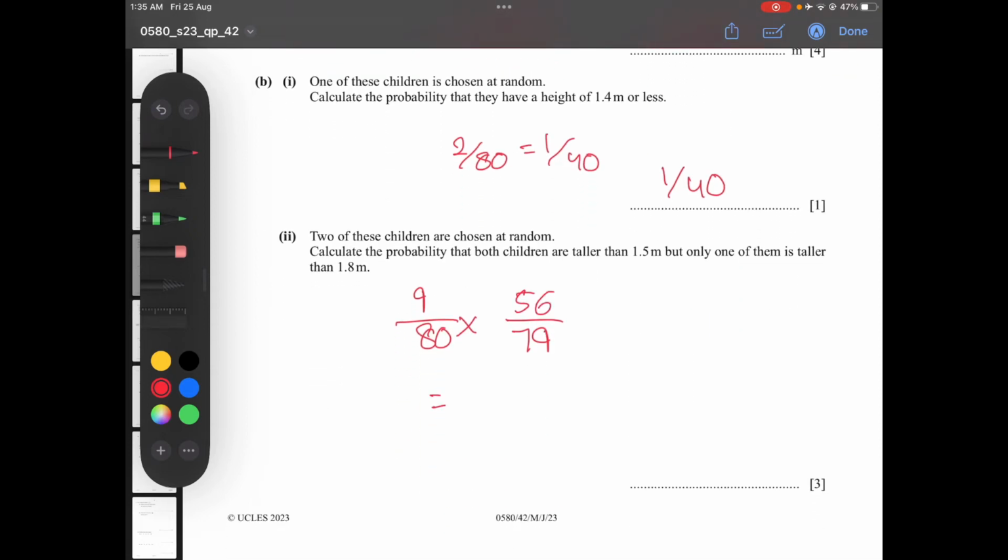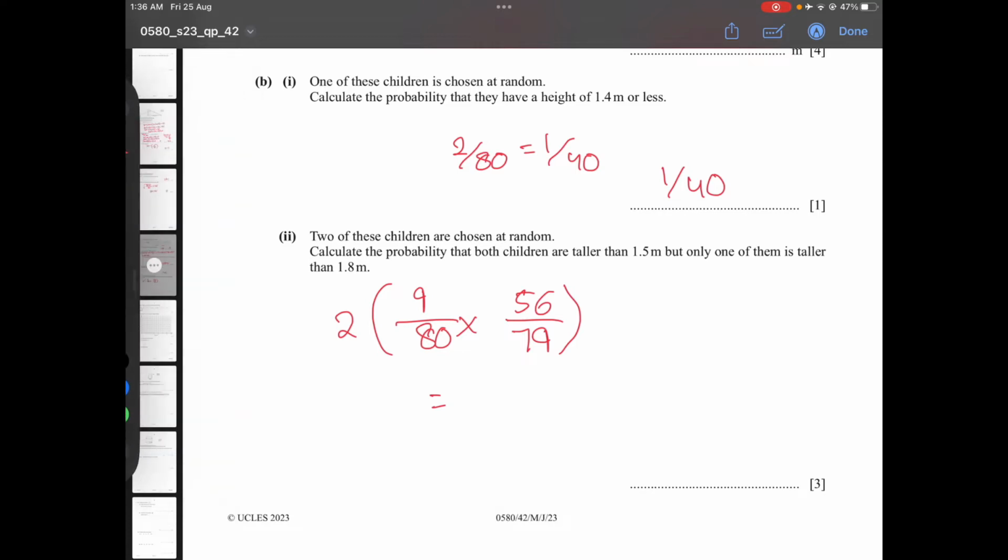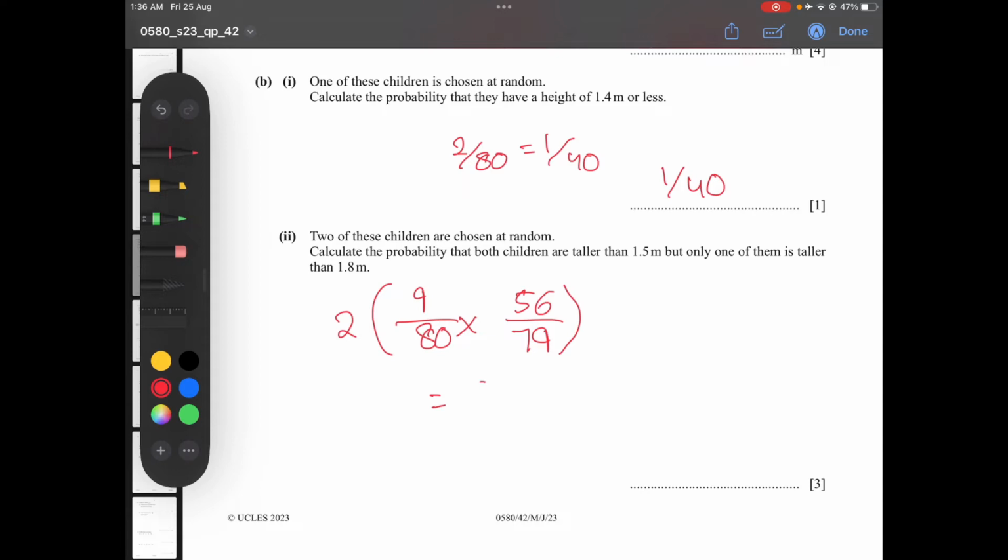Now if you solve this, 9 on 80 into 56 divided by 79, you need to do this 2 times since it can be in any order. So you need to multiply your result by 2 because this can work in both orders. So it's going to be 63 out of 395.